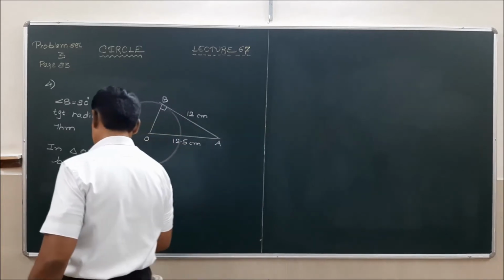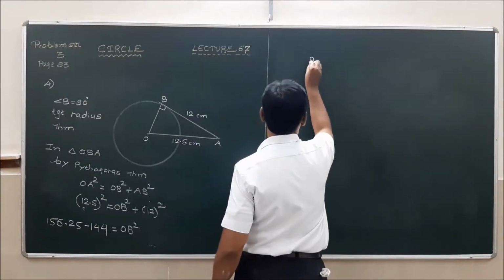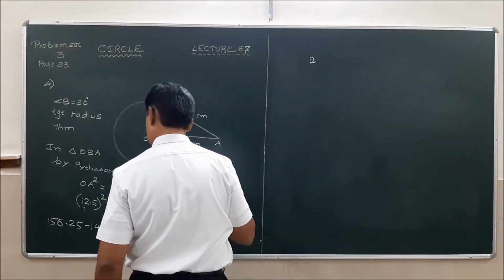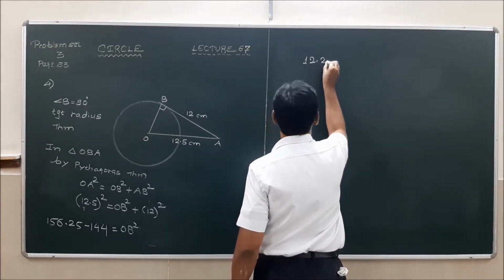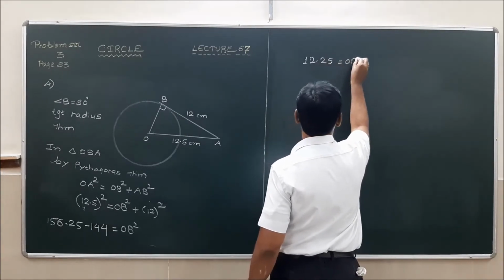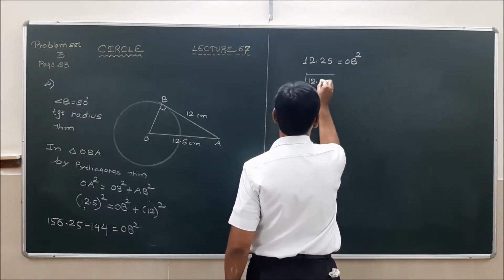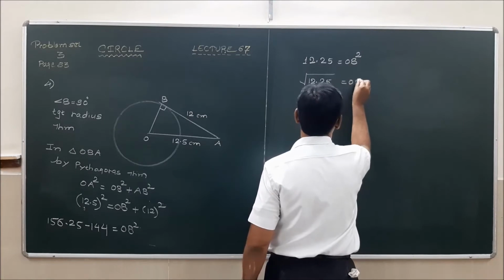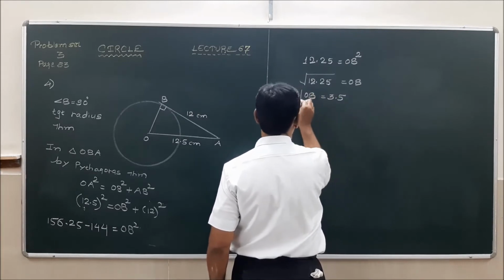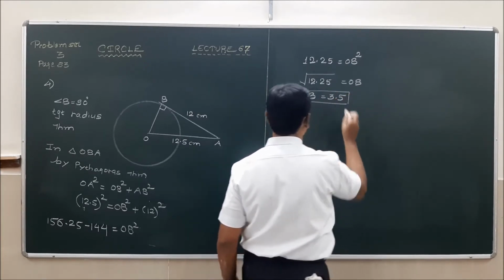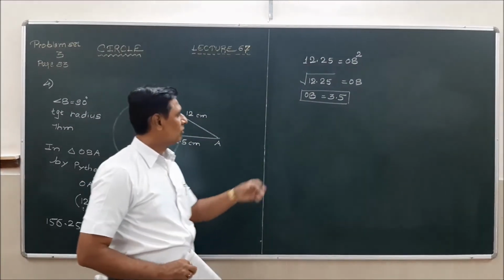So if you take the difference between these two, you will be getting 12.25 is equal to OB square. So root of 12.25 is equal to OB. Square of 3.5 is 12.25, so you will find OB is 3.5.